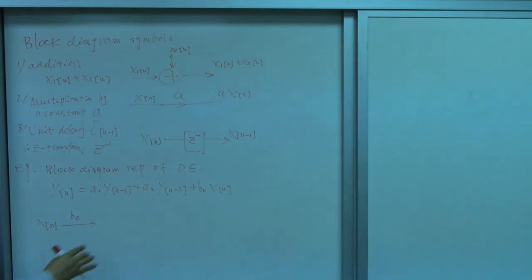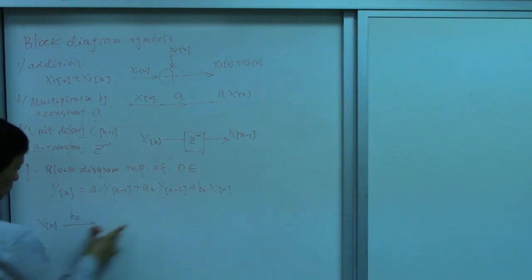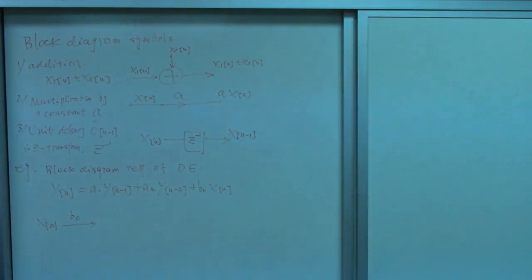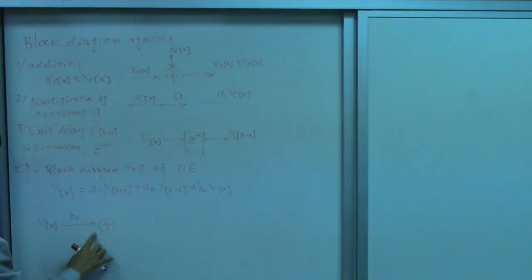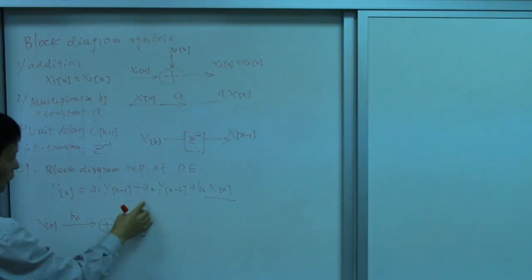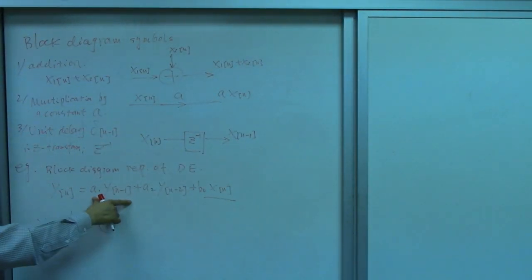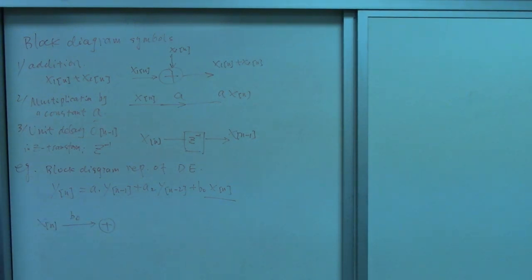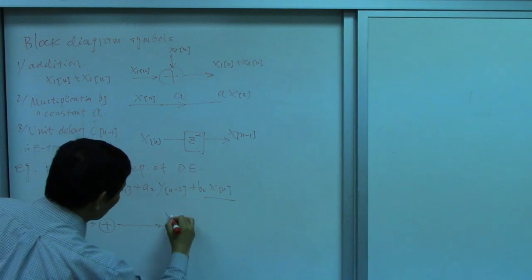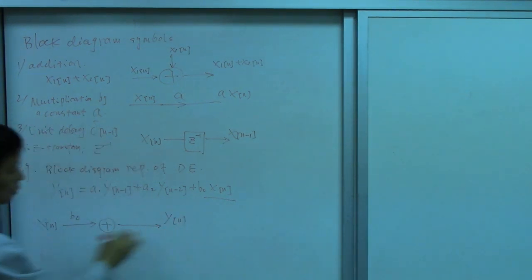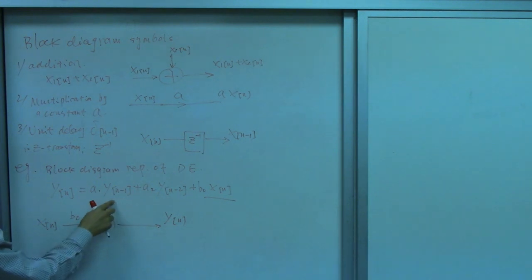Then we need to add this term here. So that means the addition of two sequences, and we have an addition here. We do this first. We write the output on the right hand side. And this term is the delay of the output.